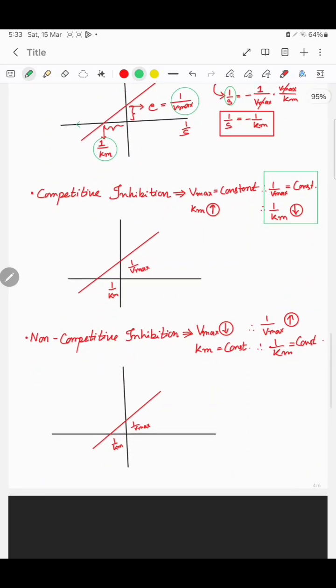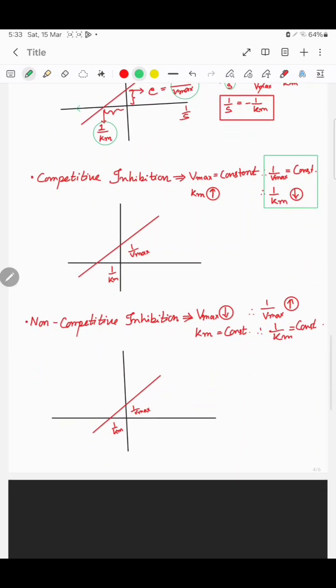Now you plot this. As I said, the 1 by Vmax should be constant, so this point must be constant. The y-intercept is constant, but the x-intercept has decreased, so something like there.